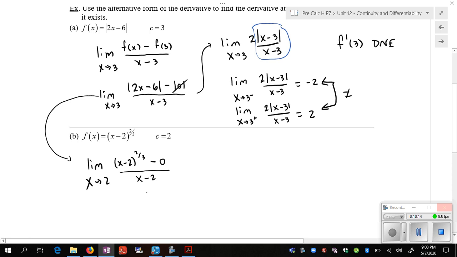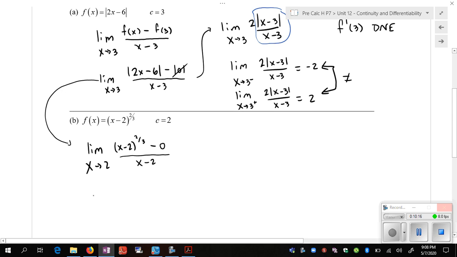And I could actually just do properties of exponents here. Limit as x goes to 2 of (x minus 2) to the 2/3 over x minus 2.